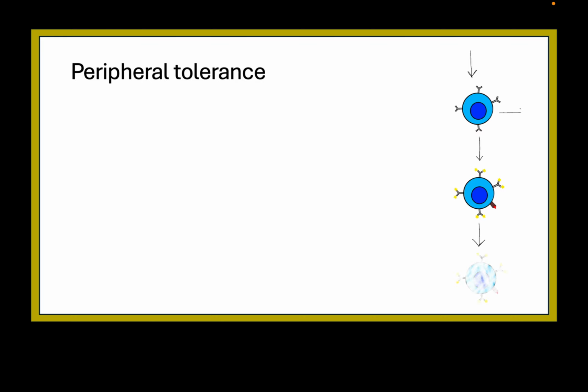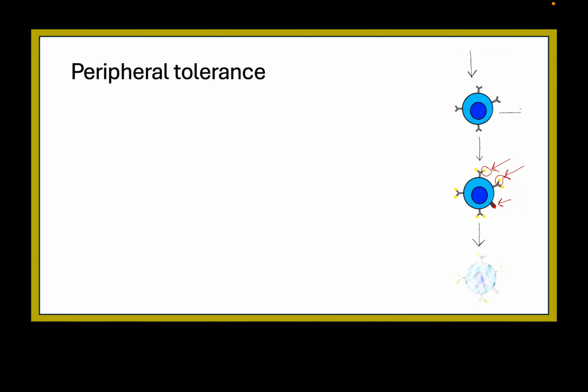Now you are going to go through something known as peripheral tolerance. So in the periphery, there are going to be new antigens that you're exposed to. If these antigens are bound by the B cell, that is going to be a signal for the B cell to start producing antibodies. But it's not a sufficient signal in and of itself.